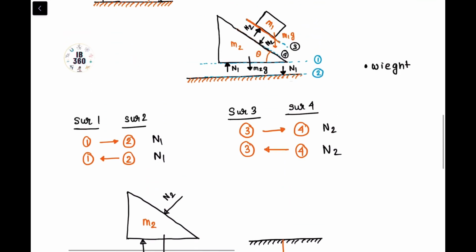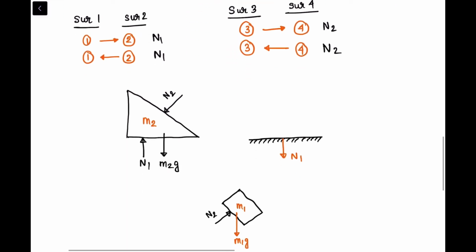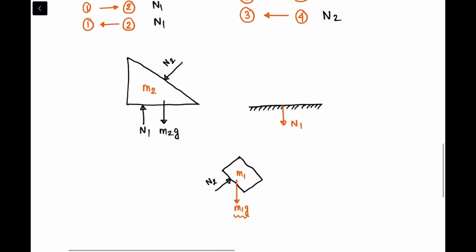See, the weight of the body will not act perpendicular to the surface. The weight of the body always acts downward. If you rotate the object, it will always point downward. So I hope you got this video, and these are very good examples of free body diagrams.